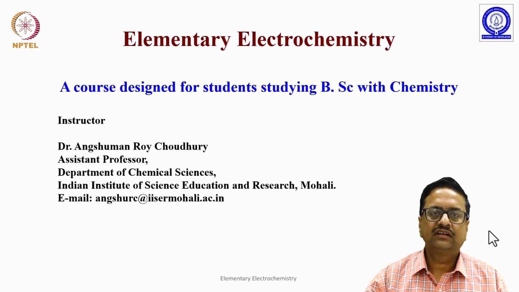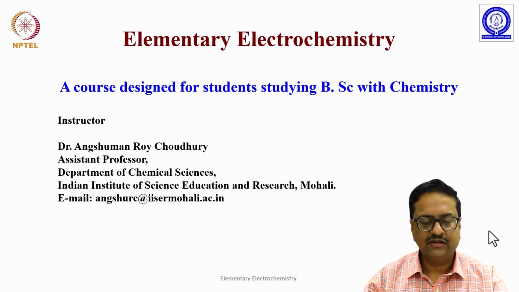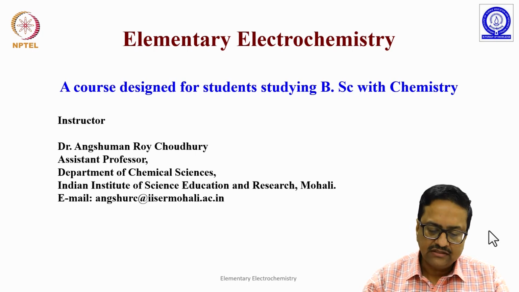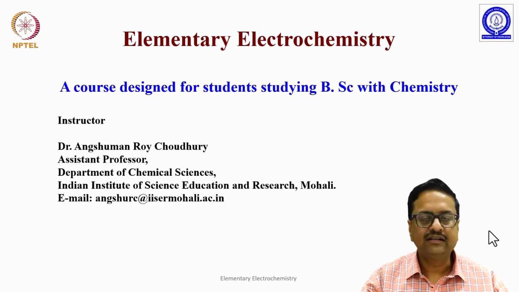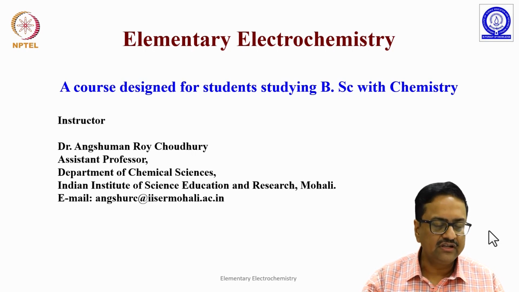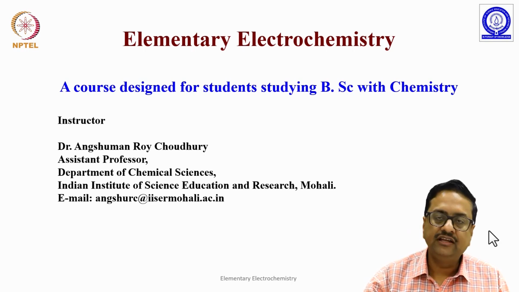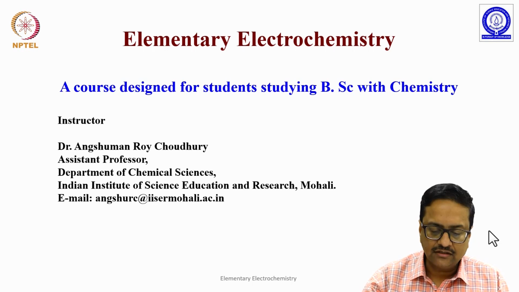Welcome back to the course entitled Elementary Electrochemistry. In the previous lecture, we discussed the ionic conductivities and, based on the limiting ion conductivities for different ions, the corresponding limiting conductivity of the electrolyte, that is the equivalent conductance at infinite dilution.